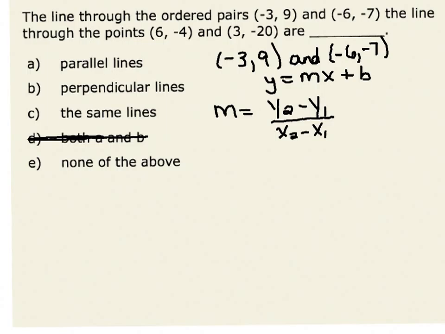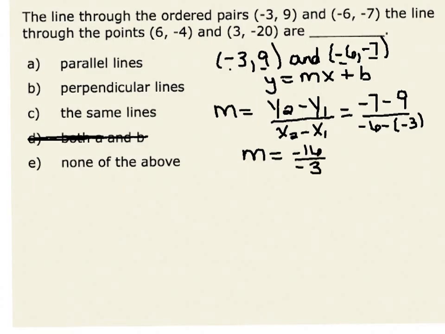Therefore, our rise is -7 minus 9, and our change in x is -6 minus -3. Our slope is equal to -16 over -3, which gives us a positive 16/3. This tells us that as x increases by 3, our y values increase by 16.